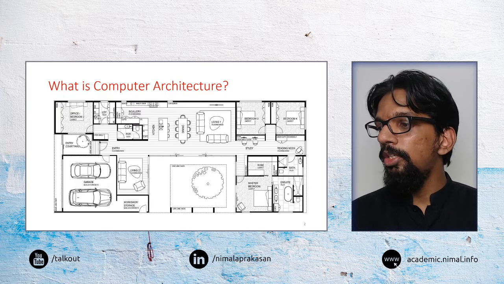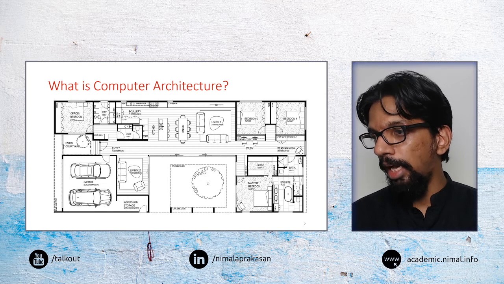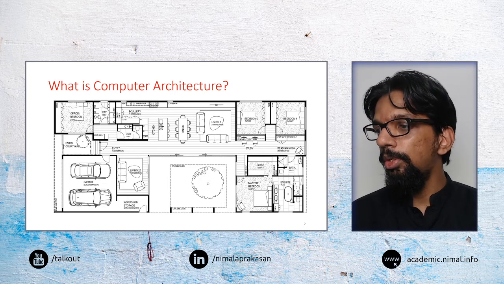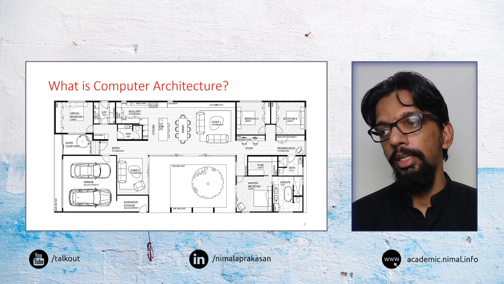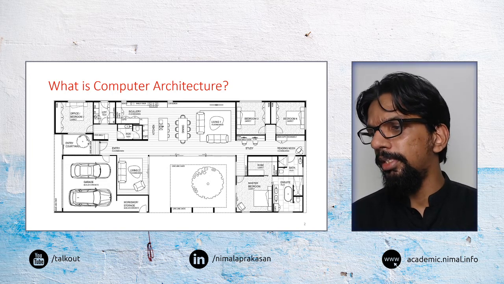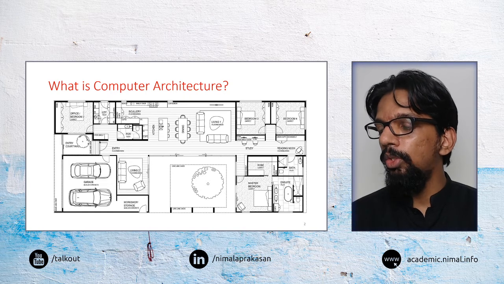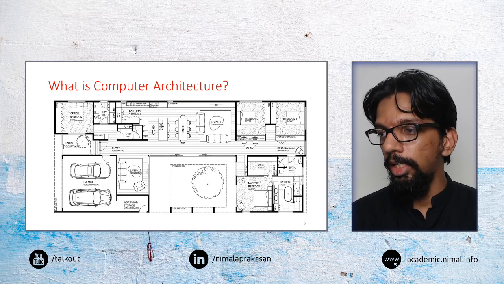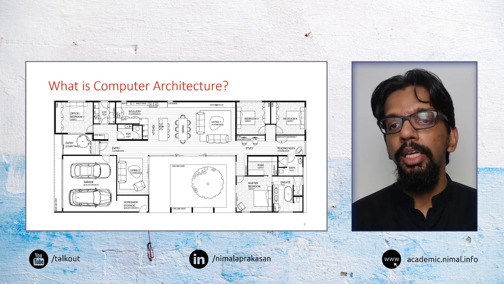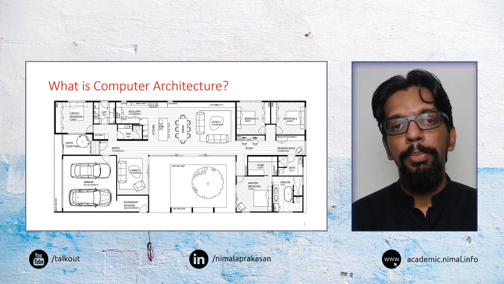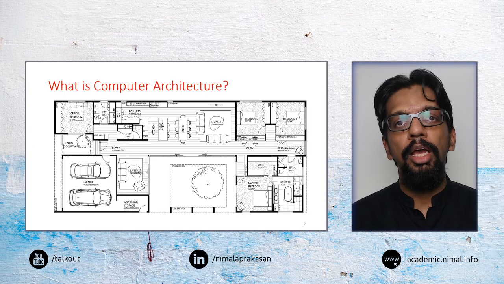So as you can see in this diagram, it shows a basic architecture of a building or a house in this case. This is something that you may be aware already, that you may have heard the phrase architecture in this context, that building architects are designing architectures for buildings.